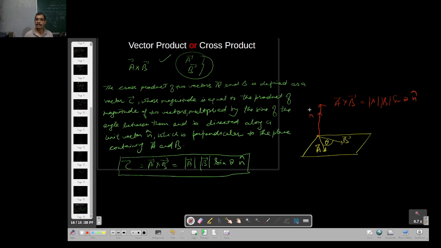It is normal to this plane. So it is the xy plane. If a and b vectors are lying in the xy plane, then a cross b is always along the z-axis, right? So this is all about it.